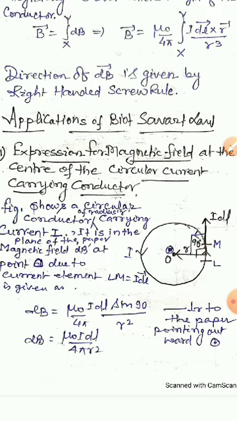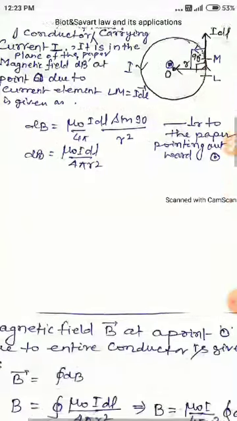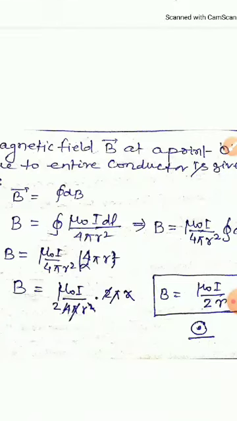Now to find out the magnetic field at point O due to the entire circular current carrying conductor, this dB is to be integrated over the entire length of the conductor. So do it. Mu naught I by 4 pi r square, all are constant, so we have taken it outside the integration.